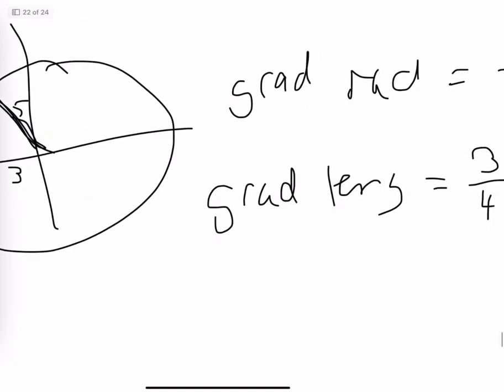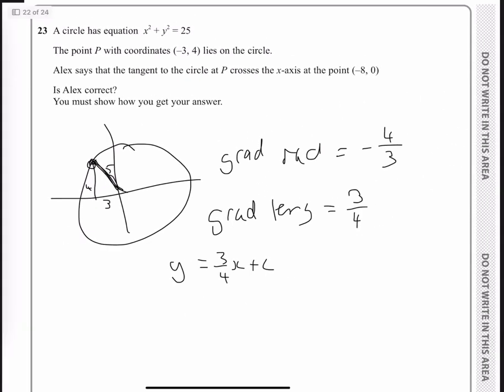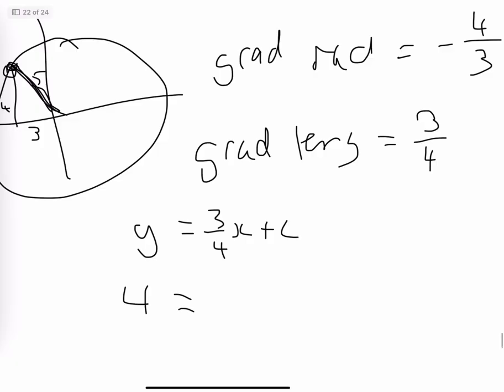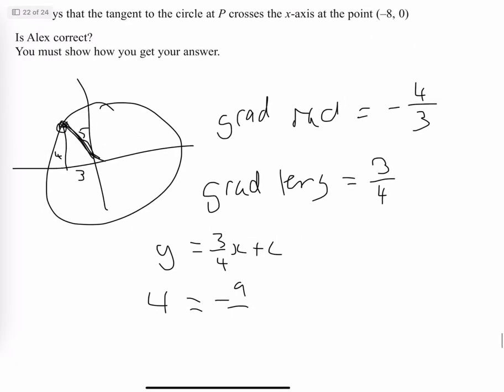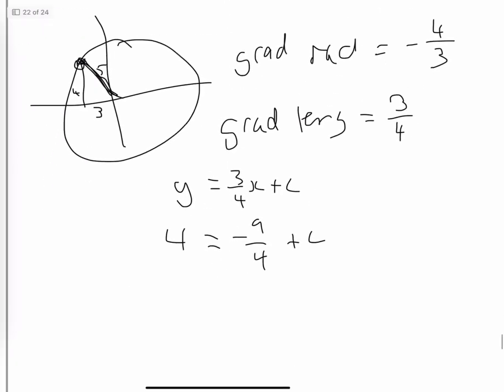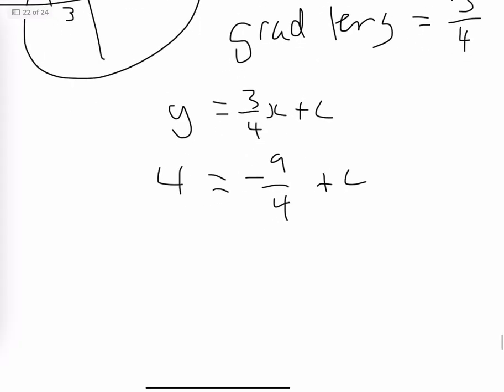So we'd have y equals 3 over 4 x plus c, and then we have that when y is 4, x is -3, plus c, which gives us c equals 25 over 4, yes? Certainly think so.